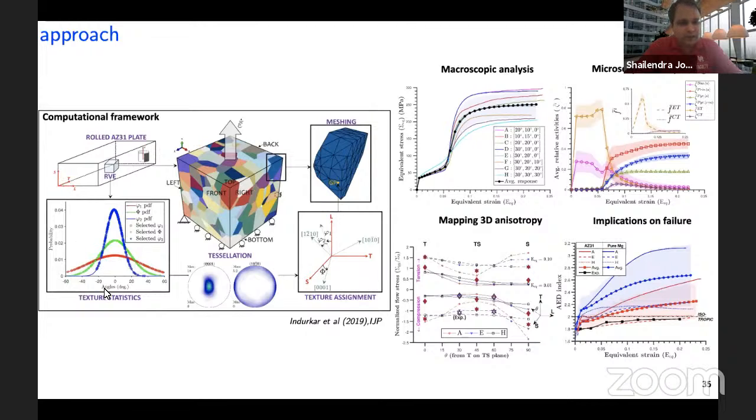And we incorporate textural variability in these calculations by playing with Euler angles, and then look at their macroscopic responses, their microscopic underpinnings in terms of the relative activities, and then map these two into the three-dimensional anisotropy by considering different loading orientations, uniaxial conditions, by the way, and then use an existing damage theory to find out what implication such an anisotropy has on predicting failure.